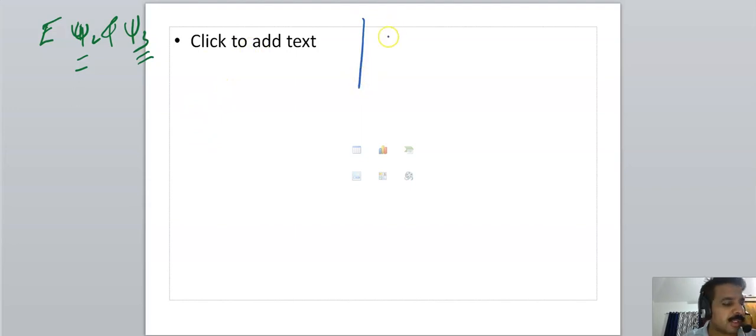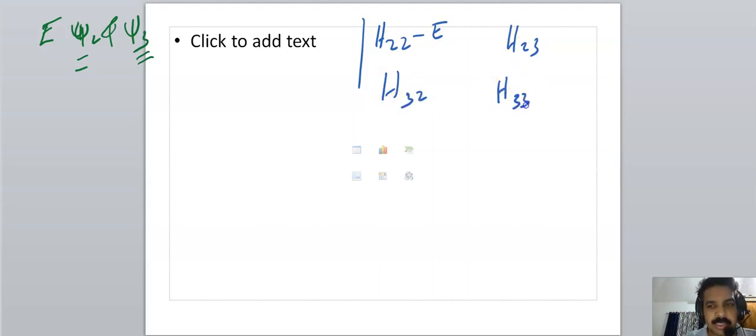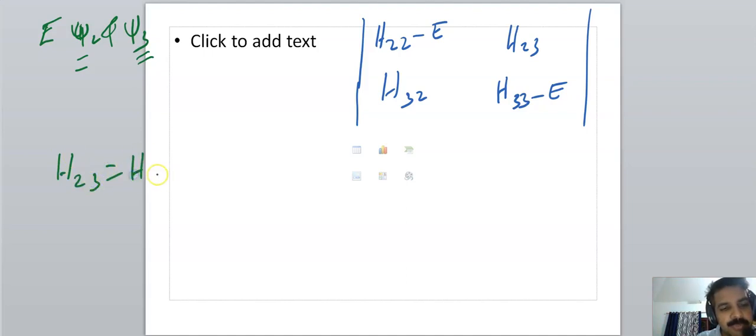This is our two-dimensional determinant: H22 minus E, H23, H32, H33 minus E. Understand one point: H23 is equal to H32, and that is the energy of interaction between psi 2 and psi 3.